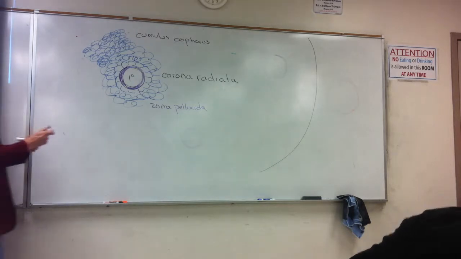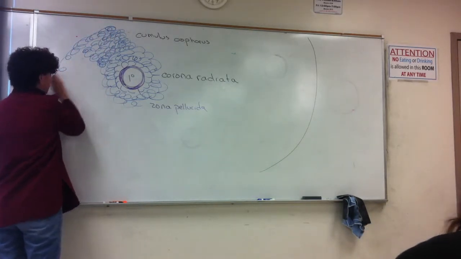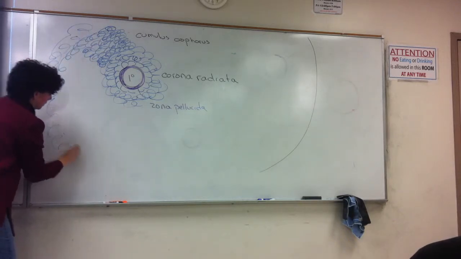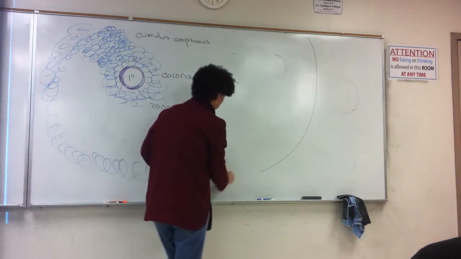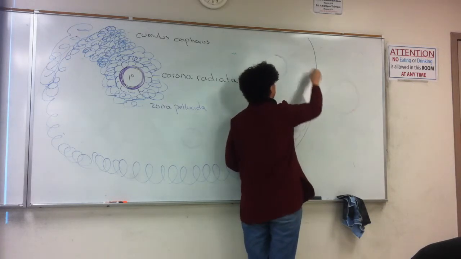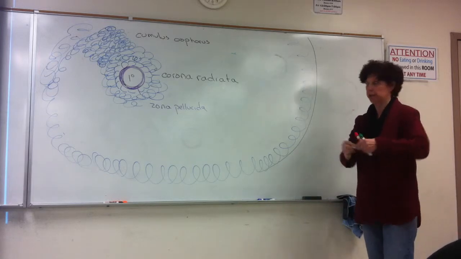And then the rest of the granulosa cells, follicular cells, are getting bigger, I'm just being lazy here. They form this huge, mature antral follicle.